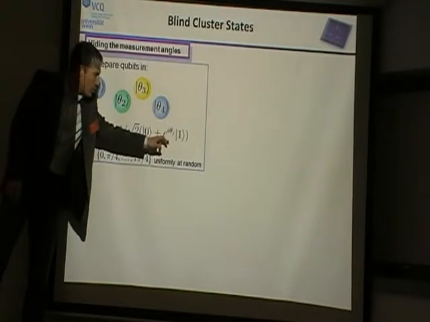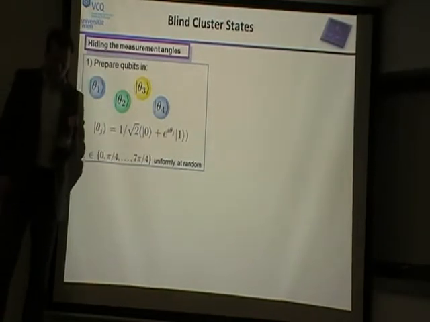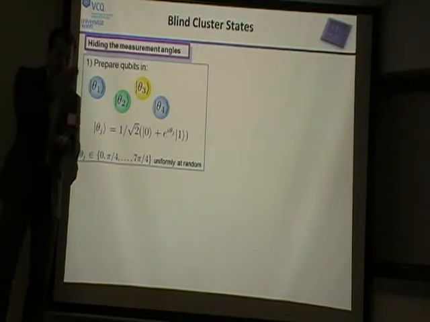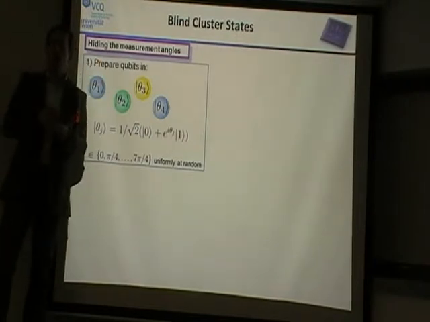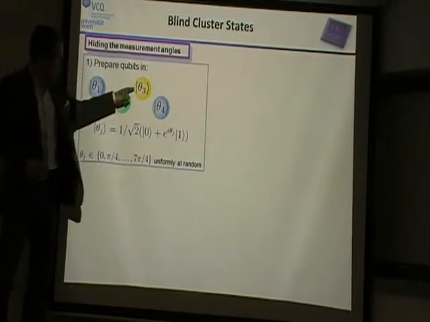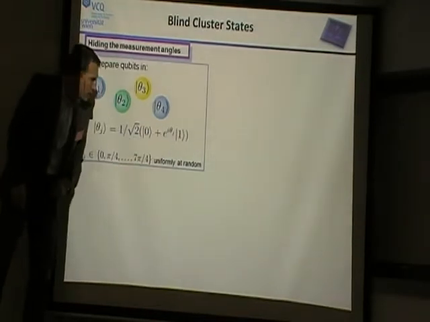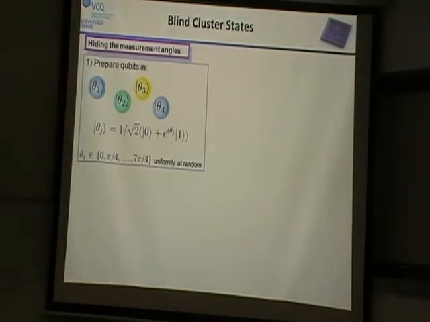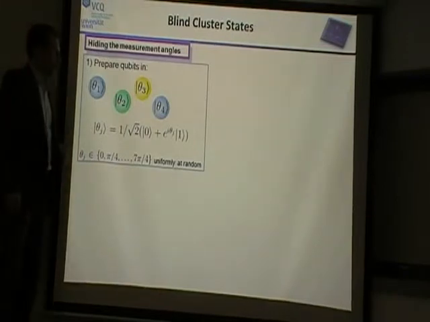As we've shown, in the XY plane of the Bloch sphere, you just need 8 different settings. You choose randomly, like here, theta 1, theta 2, theta 3, 8 different possible random settings, then you have a new parameter in the system that allows you to hide the measurement settings.